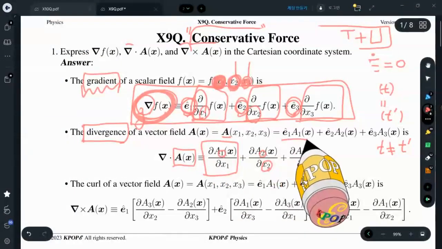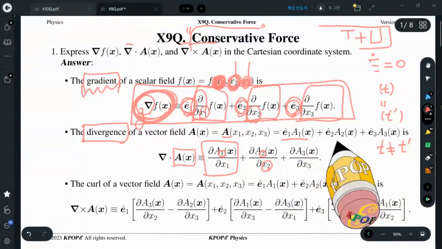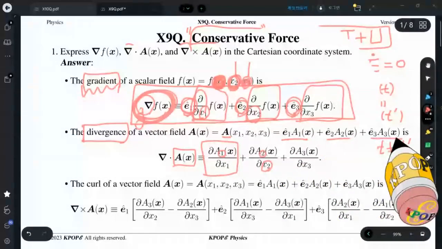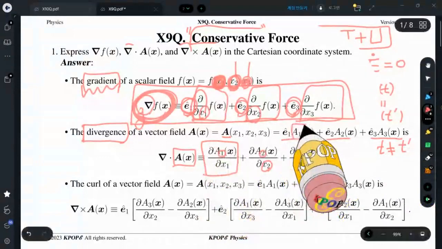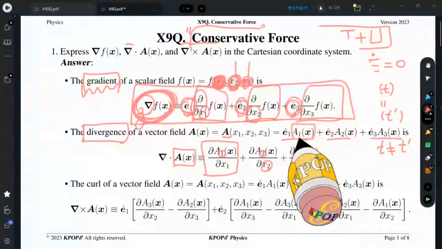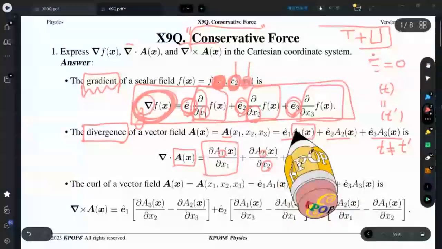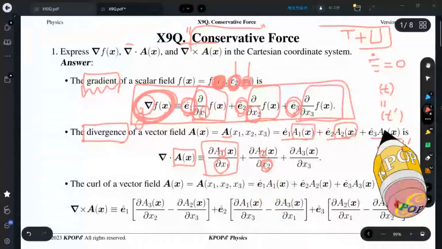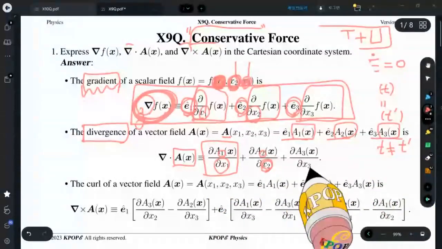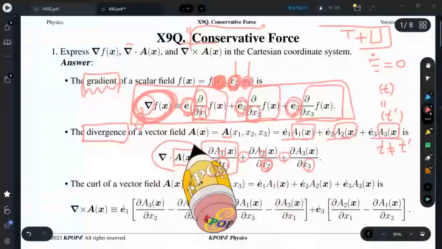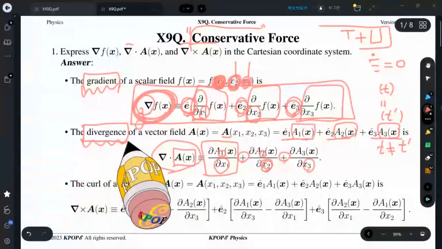A has an x component, y component, and z component. We collect the first Cartesian component of the vector A and take the x derivative, then the y derivative of the second, and the z derivative of the third, and then sum them all. This is called the divergence.